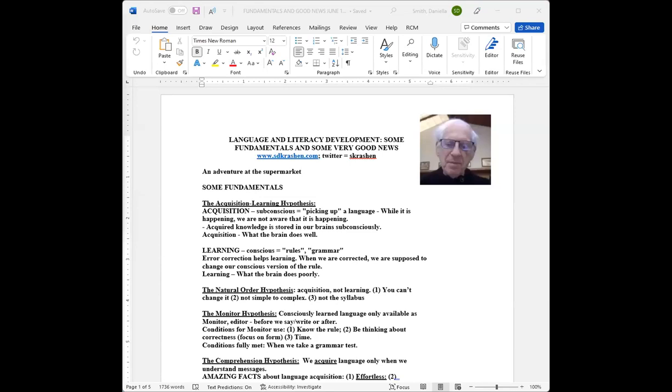The other way we can get better in language, this is a tougher path to follow, is called learning. This is conscious knowledge of language. This is what we did in school. When we talk about rules, when we talk about grammar, we're talking about learning, not acquisition. When we are corrected, this is supposed to help our learning.